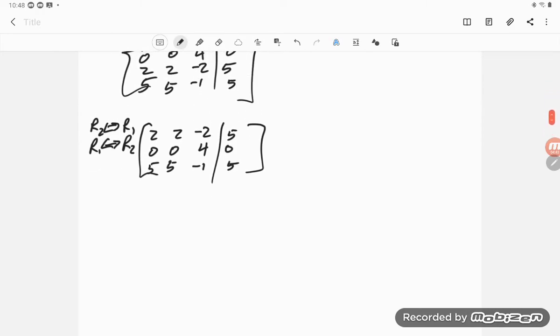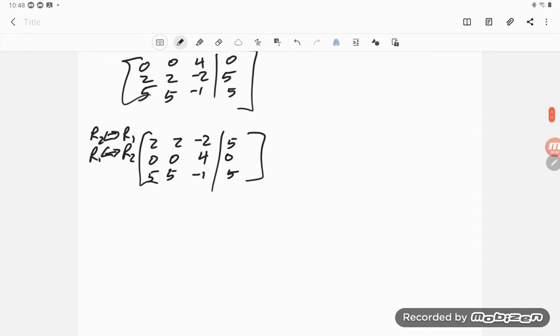Okay, now I'll come over here to the right, and what I want to do is simply multiply row 1 by a half. So row 1 becomes 1/2 of row 1.